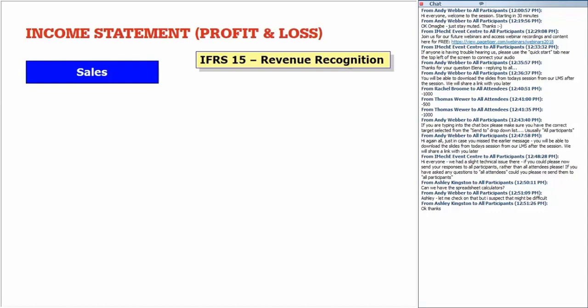This is the International Financial Reporting Standards, and these are a set of principles, or rules. I say rules: if you fall foul of these, your accounts are not going to be signed off. You may even be breaking the law.